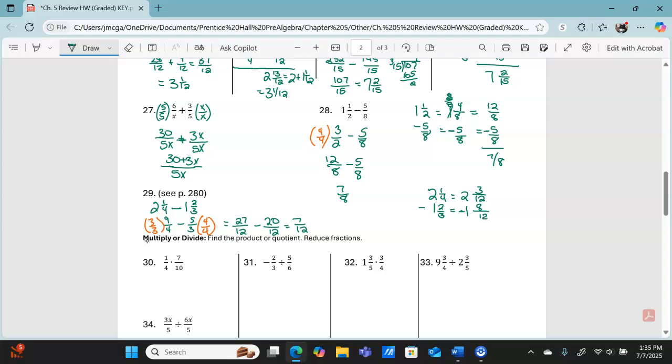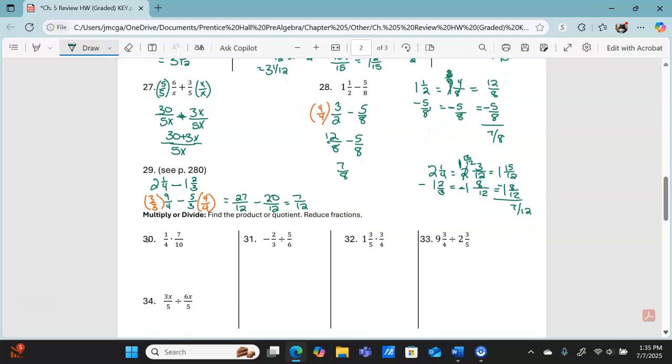And we would actually have to borrow 1, make that a 1, and the one that I borrowed is 12 over 12. So this is going to become 1 and 15 over 12. So subtracting your fractions, you get 7 over 12, and 1 minus 1 is 0. So this one worked out better. It was easier to do it horizontally.